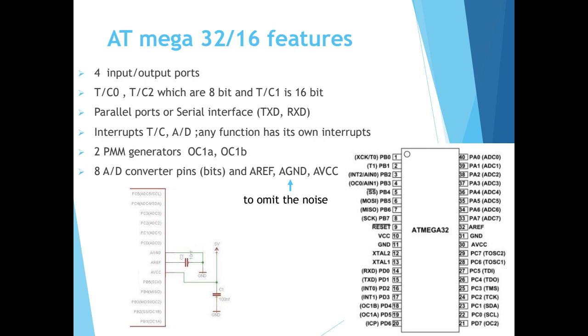It includes 8 analog to digital converter pins, and also a reference, a GND or ground, and a VCC. All these pins related to analog to digital converter are actually related to port A pins, PA0 till PA7, which are used for analog to digital converters.